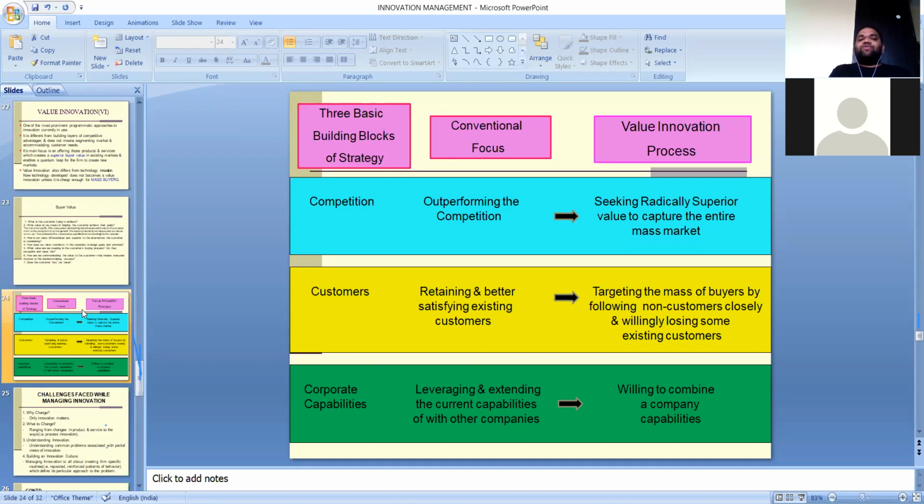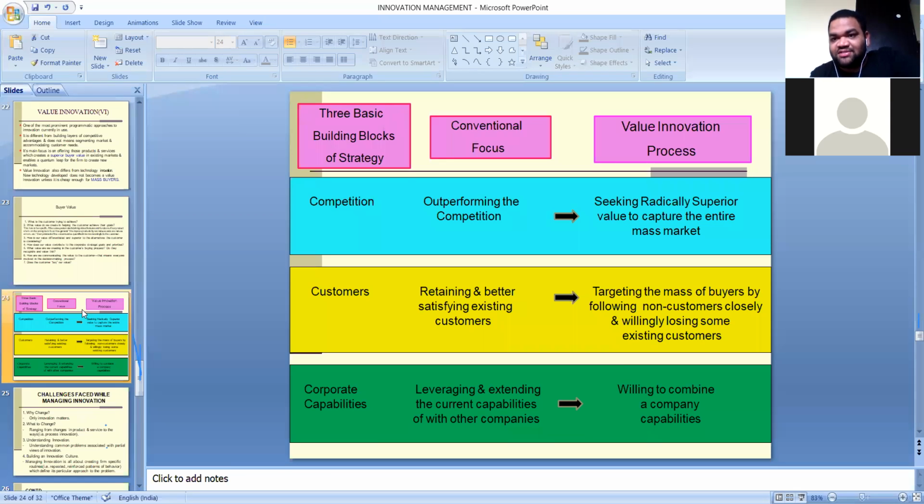We have to follow those who are not our customers, because we have to attract them and turn them into customers. And in value innovation, sometimes we have to play in such a way that we willingly lose some existing customers, because those customers will not add any value.